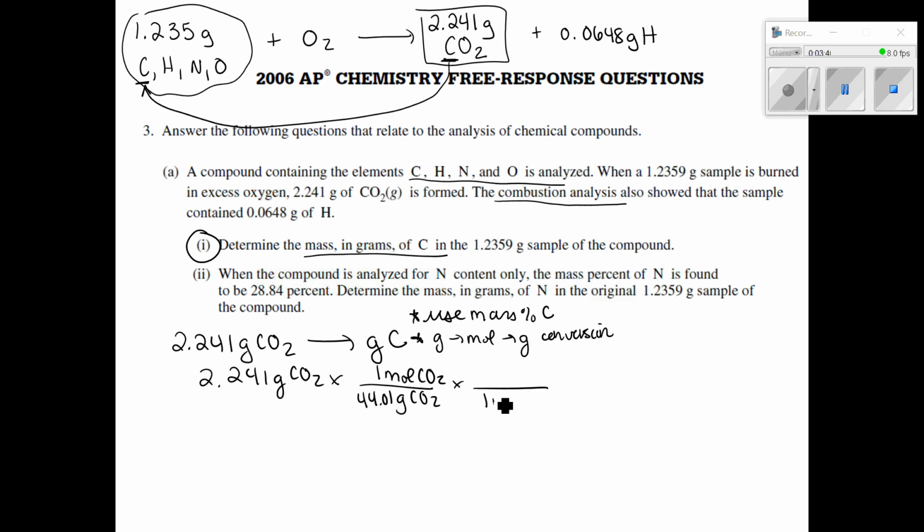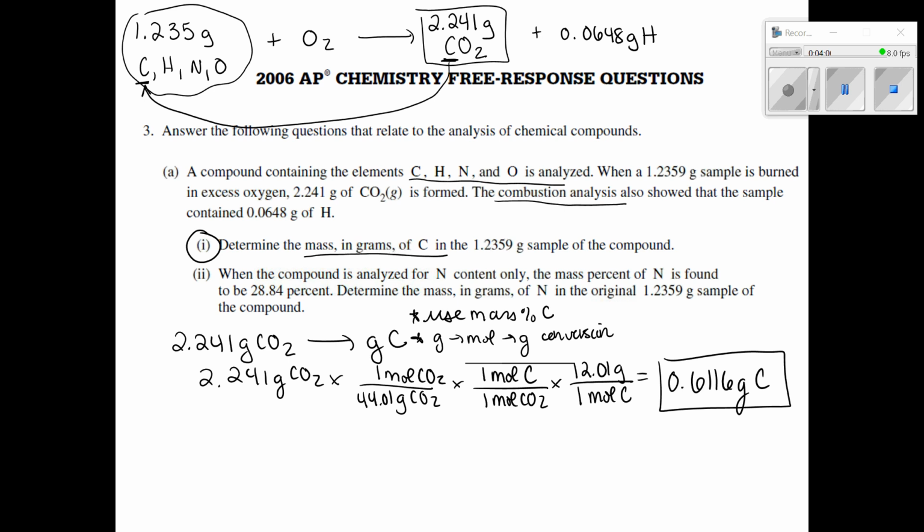Then every one molecule of CO2 contains one atom of carbon. And then we know that a mole of carbon atoms weighs 12.01 grams. So we end up with 0.6116 grams of carbon. So that's the answer to I. How much carbon was in the original sample? That's how much carbon was in my CO2, which is the same as the carbon in my original sample.